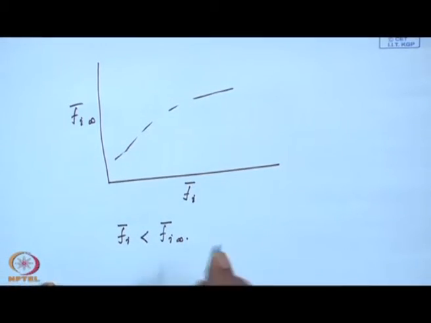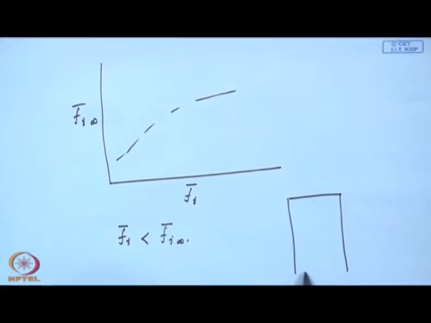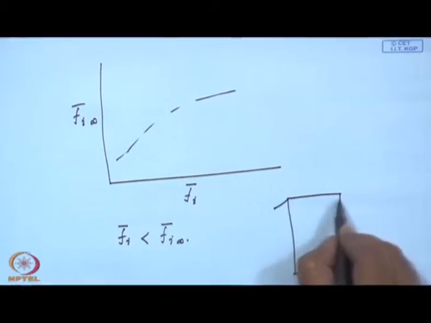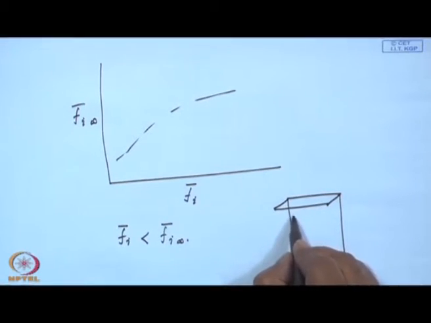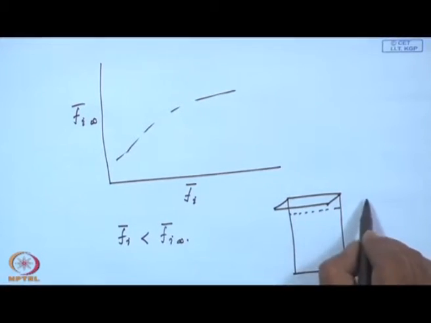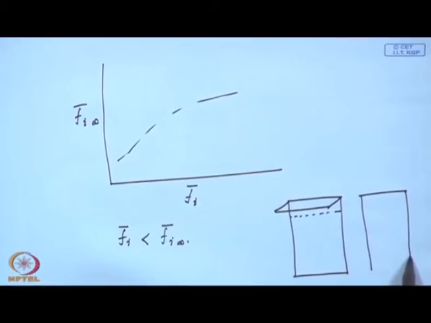When the projection is infinitely long, it is a complete rectangle, so it may be rectangular or it may not be rectangular, as shown over here.